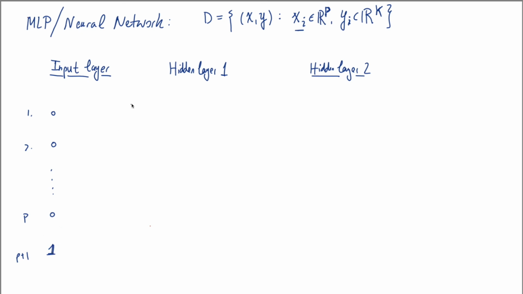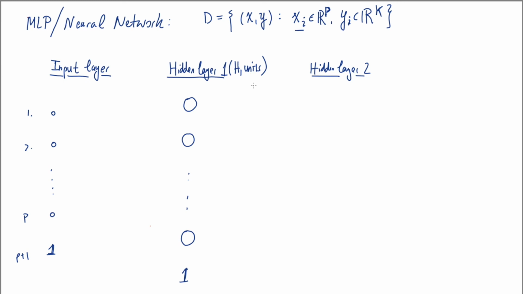Okay. And in the hidden layer, we have our neurons or our perceptrons or our units, whatever you want to call them. Usually, because this is a hidden layer, we'll call this a hidden unit. I'm going to draw a bunch of hidden units. And actually, we're also going to have a bias in this layer here. This is up to you to pick, but let's just say we have H1 hidden units, H1 as in the number of units in hidden layer 1.